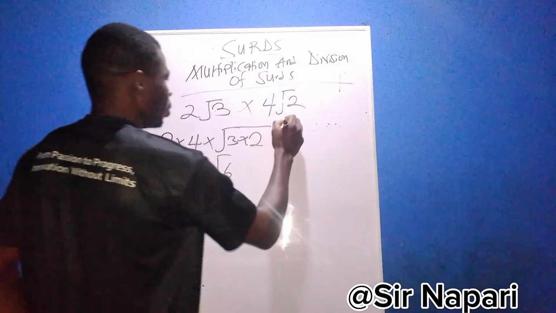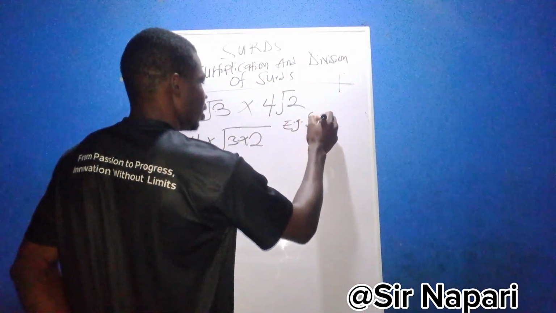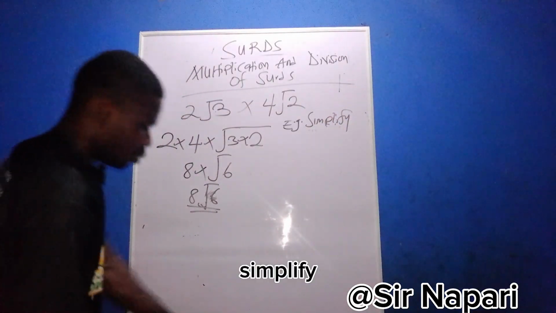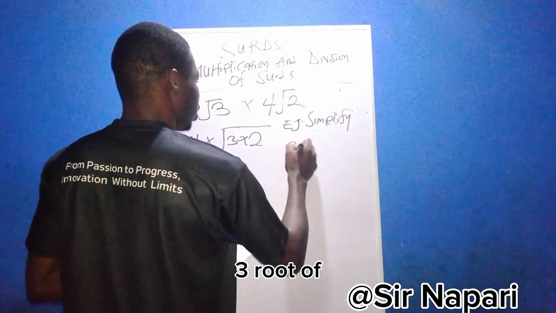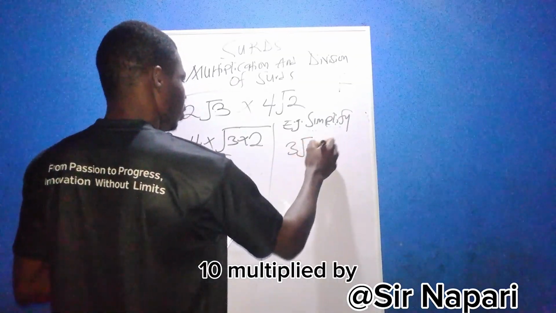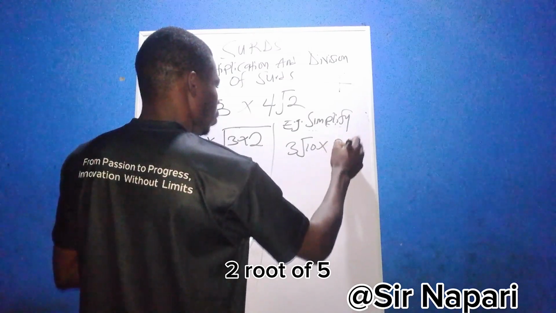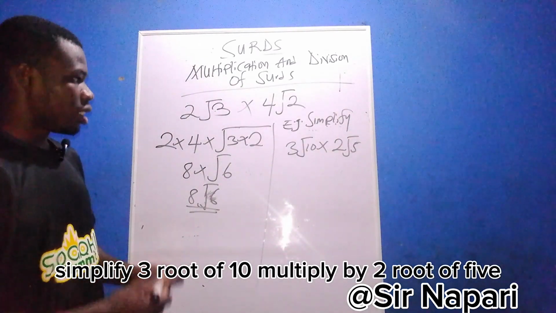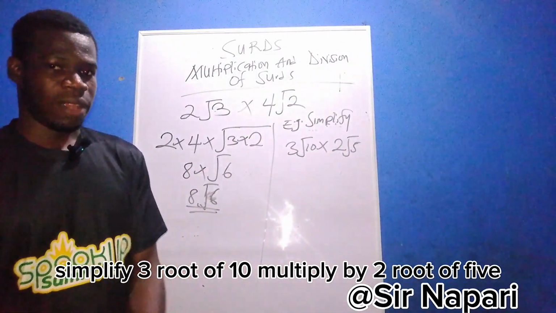Example 2. Simplify 3 root of 10 multiplied by 2 root of 5.